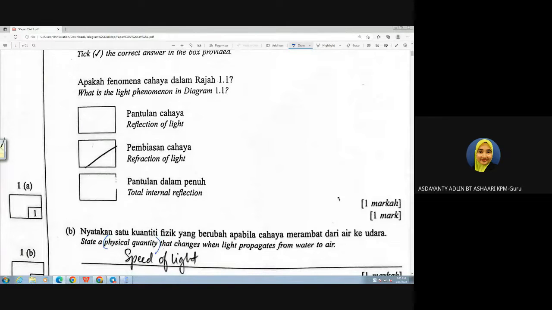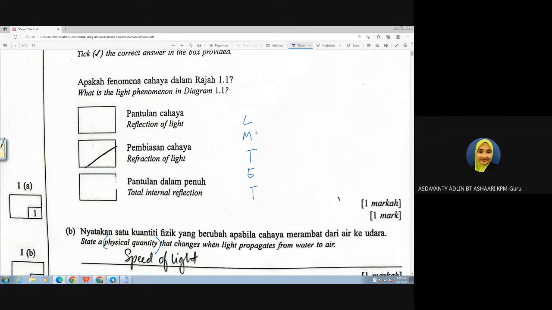A physical quantity is a quantity that can be measured. You learned this in form 4. The quantities that can be measured can be length, volume, speed. What else? Temperature. The base ones are LMT, ET.